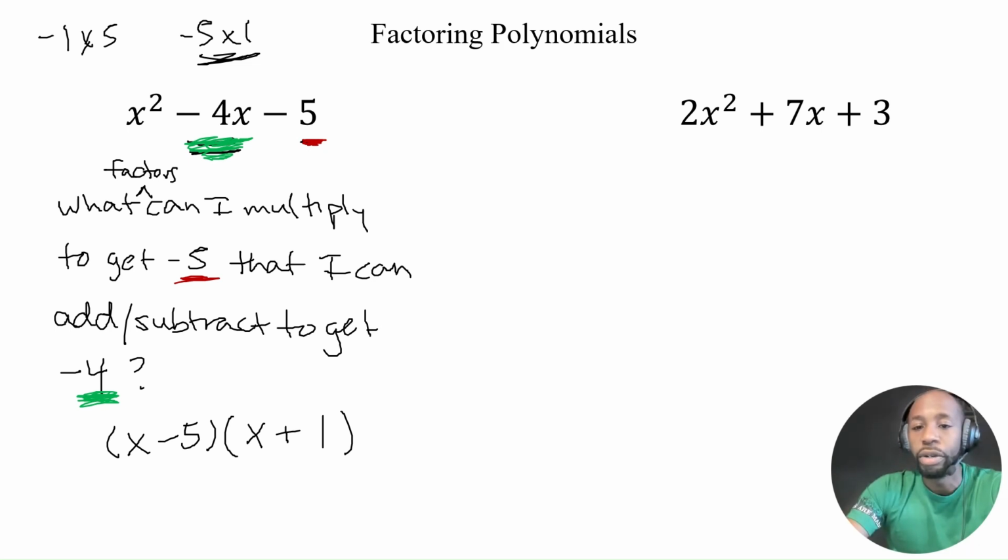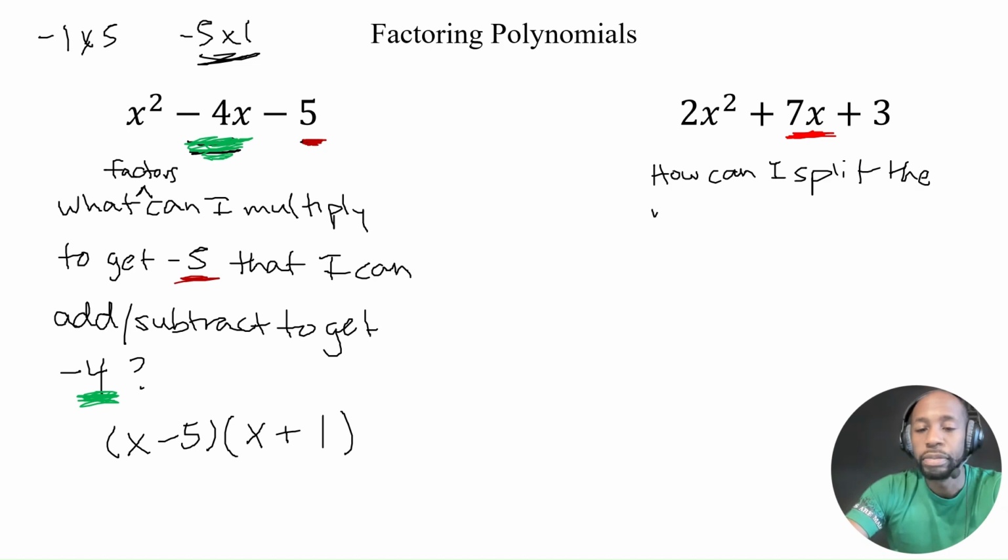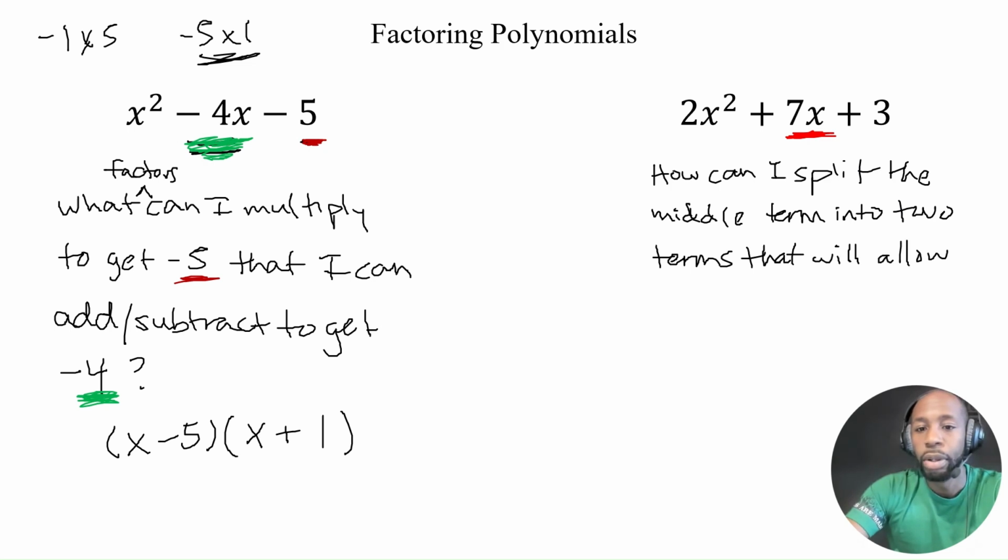Once again, let's color code it. You want to ask yourself, how can I split the middle term into two terms that will allow me to factor the polynomial?